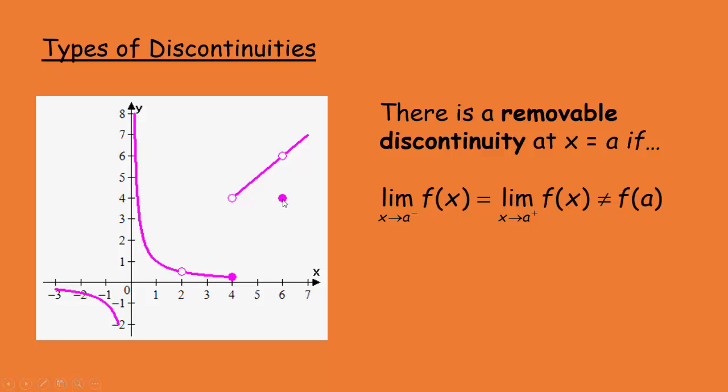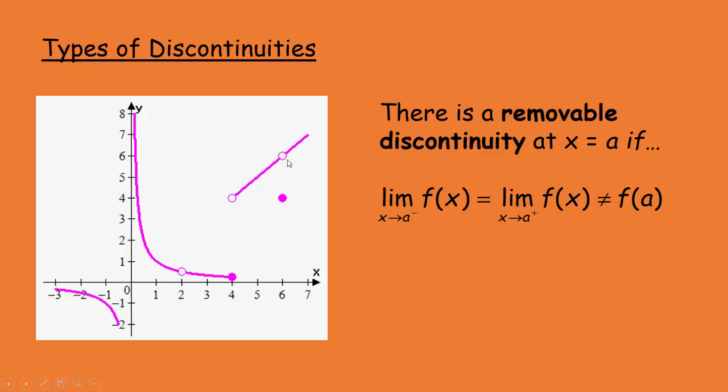Now, f of a is allowed to be undefined, and this would still be considered a removable discontinuity. All right, but just remember that. But this is the part that actually makes it a hole. Look at the jump discontinuity. Yeah, I guess that's reminiscent of a hole, but a hole is really going to be defined as something that you could just erase in that little spot there.